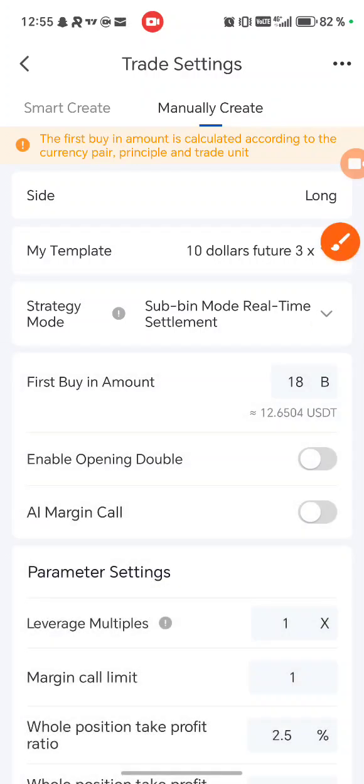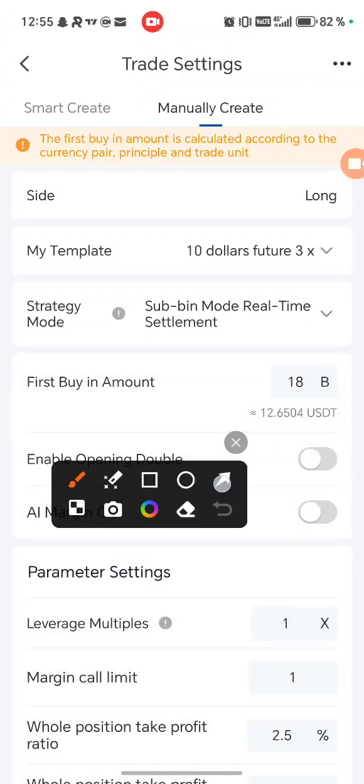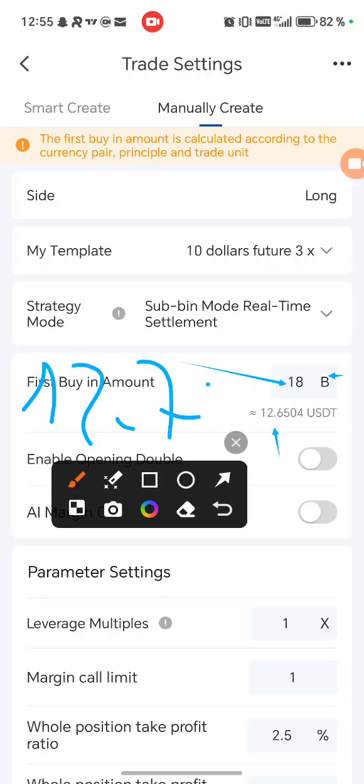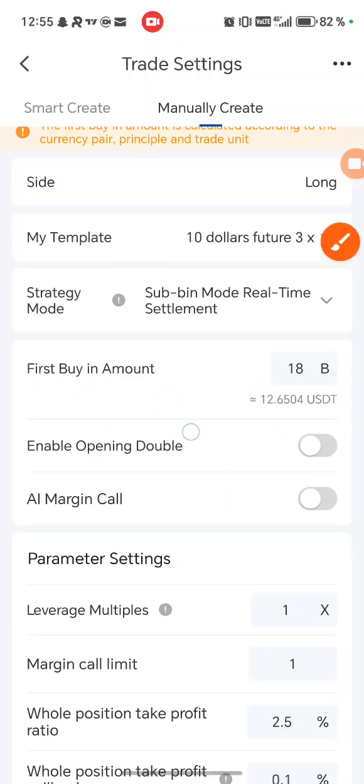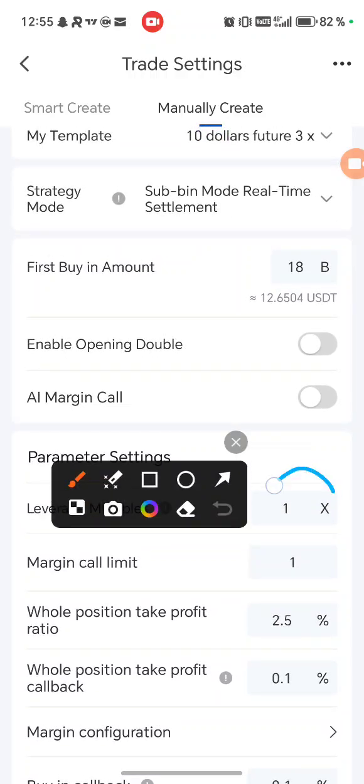On the trade settings, you will see that it is 18B that is giving me $12.65. It has reduced because the price has gone down. If not, the amount must be $12.70 something. And here I'm using 1x.